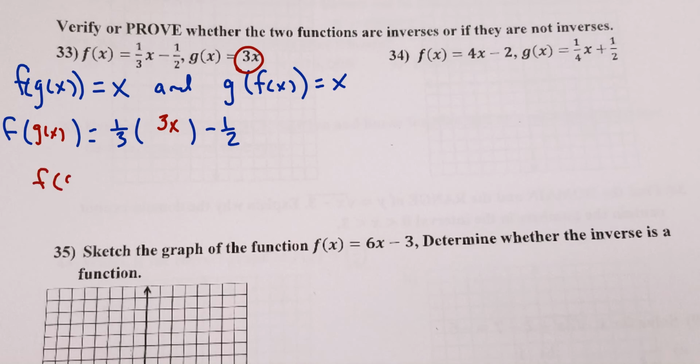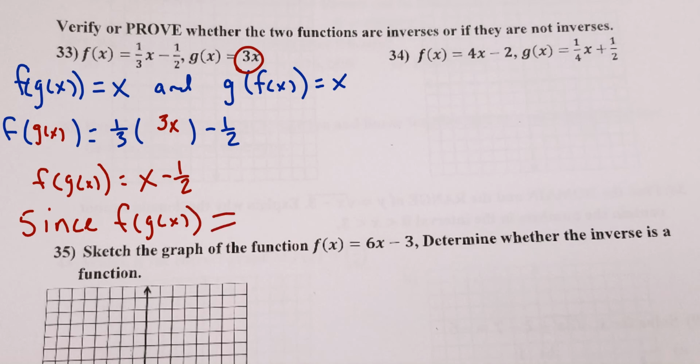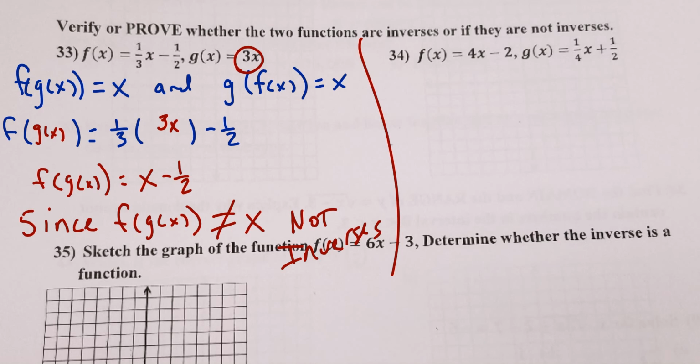I get f of g of x equals 1/3 times 3x is x minus 1/2. Since f of g of x does not equal x, they are not inverses. So you don't have to do any more work. It's done. You only have to do both sides if it's going to work on both sides.